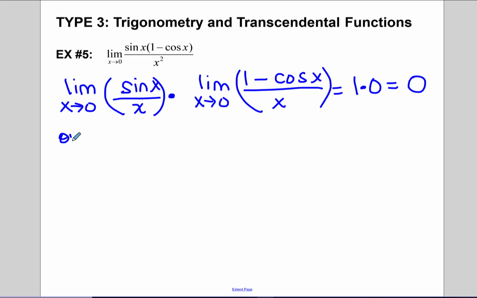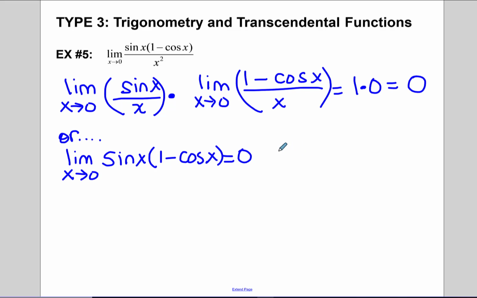In that case, we could say that the limit, and again, I'm thinking about protocol here, the limit of the sine of x times 1 minus cosine of x. So the numerator is going to 0. And of course, the limit on the denominator is also going to 0.